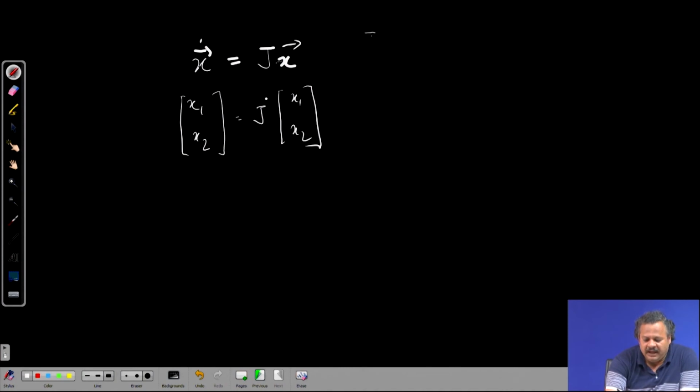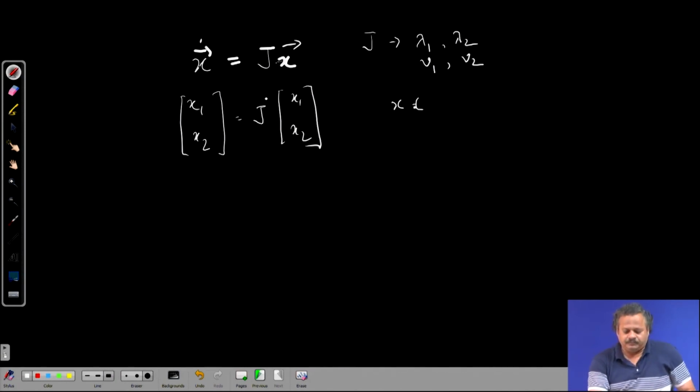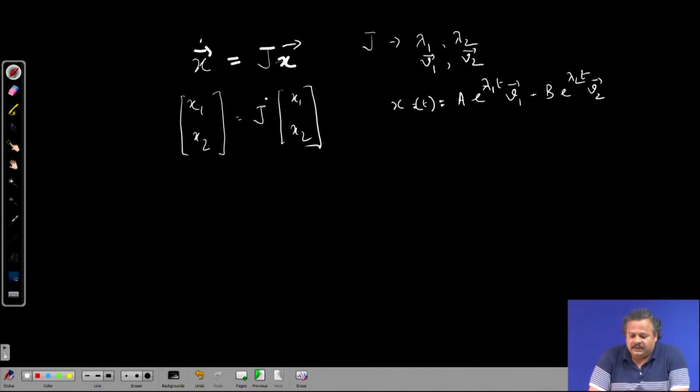If J has eigenvalues lambda 1 and lambda 2 and corresponding eigenvectors v1 and v2, then the behavior of the system is that x(t) is the general solution for a two dimensional system, with the matrix J having eigenvalues lambda 1 and lambda 2 with corresponding eigenvectors v1 and v2.